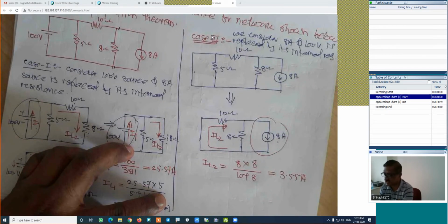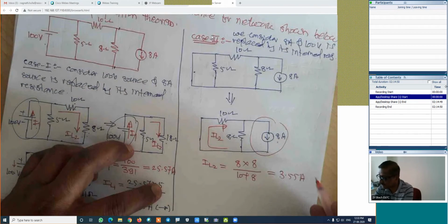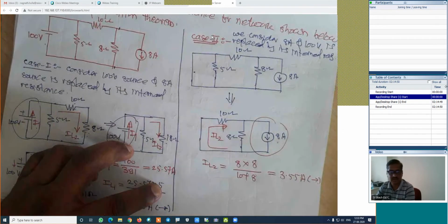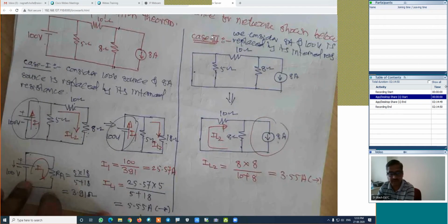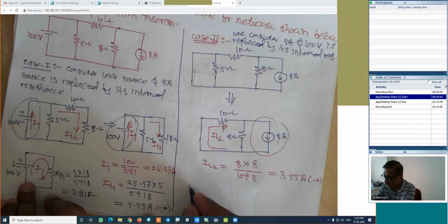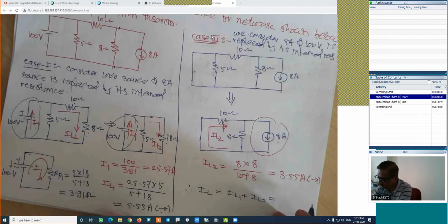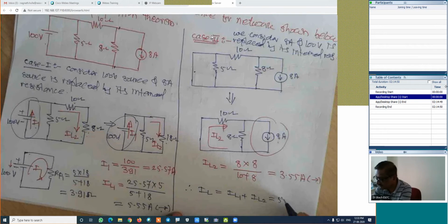How is this direction? Its direction is forward, horizontally forward. Look at this direction. It is forward. It is also forward. Therefore, total current IL is equal to IL1 plus IL2, which is 5.55 plus 3.55.